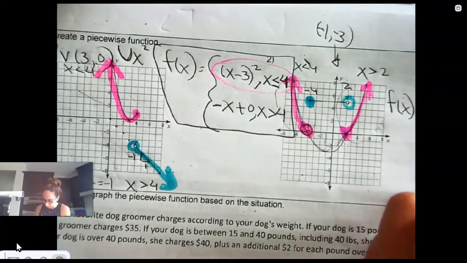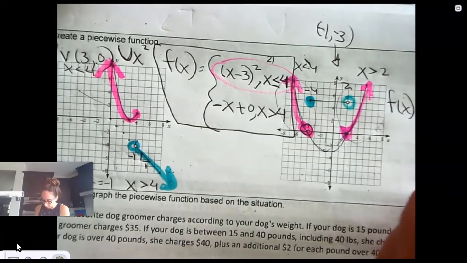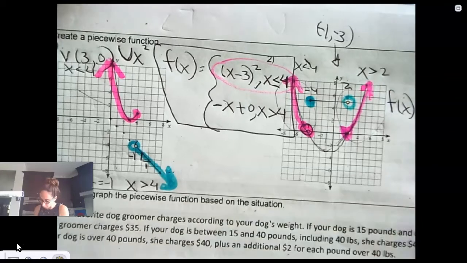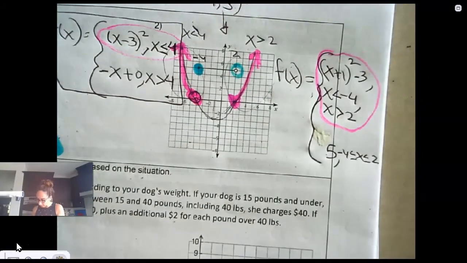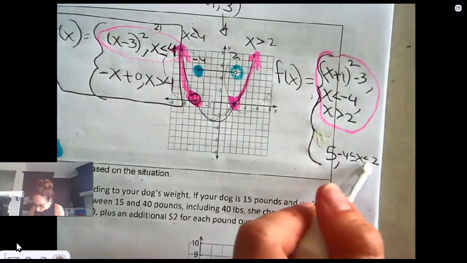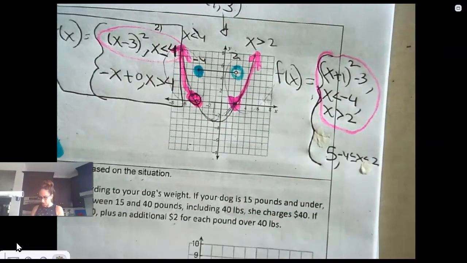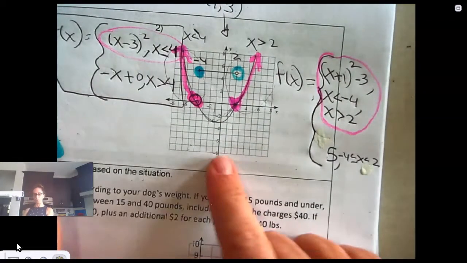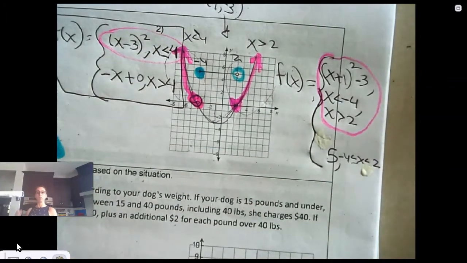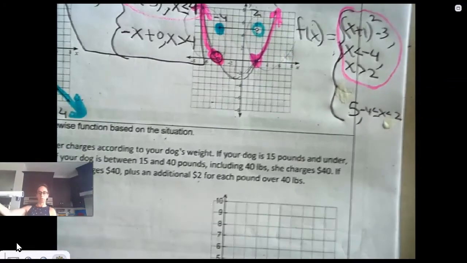It's between negative 4 is less than or equal to x, which is less than or equal to 2. Oops! Is it less than or equal to? Sorry, you can't see that. It's actually just less than, because that's open circle. And that's my answer. Okay? I probably won't have you do these as much as I have you do the other ones, but I wanted you to see how to go back and forth.